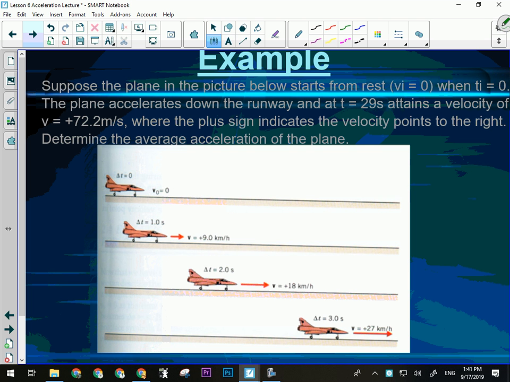All right, so what we have is this. We know the time is 29 seconds. We know the initial velocity is 0. The final velocity is 72.2 meters per second. And we're looking for the acceleration. So if I have those things, I can use this formula, Vf minus Vi over t. This, guys, is why we give you a mark for writing down your givens.